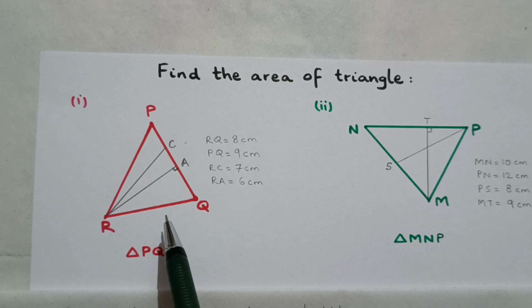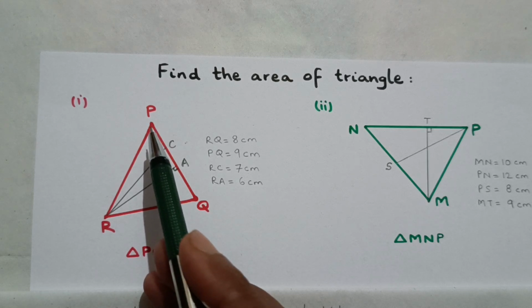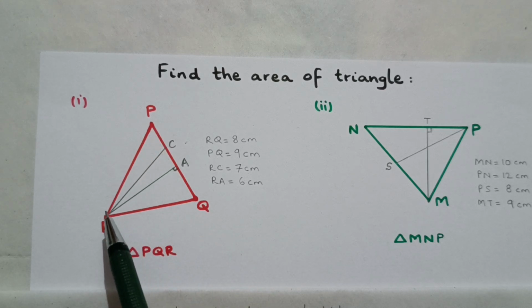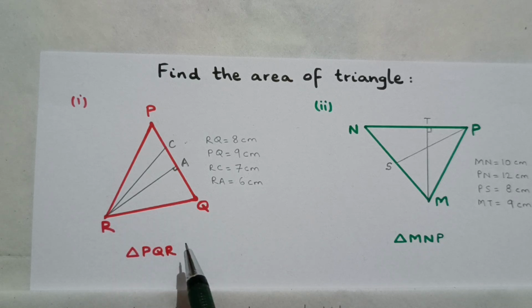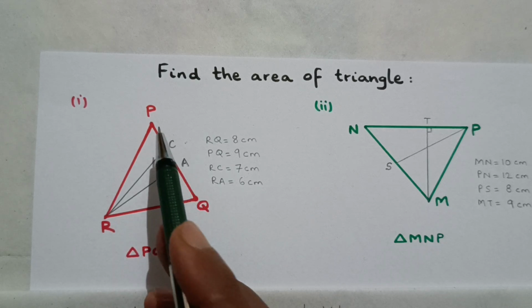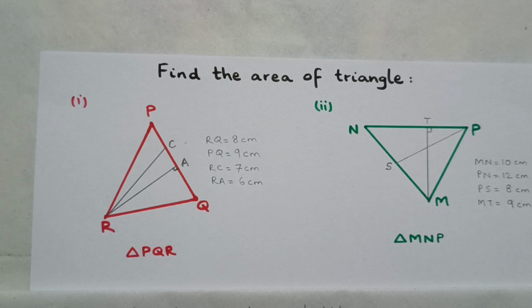So what are the 3 sides of this triangle? The 3 sides of this triangle are side PR, side RQ, and side QP. So we can take any one side as the base.